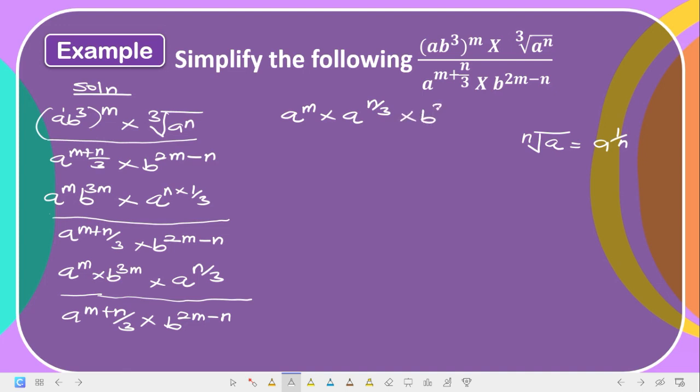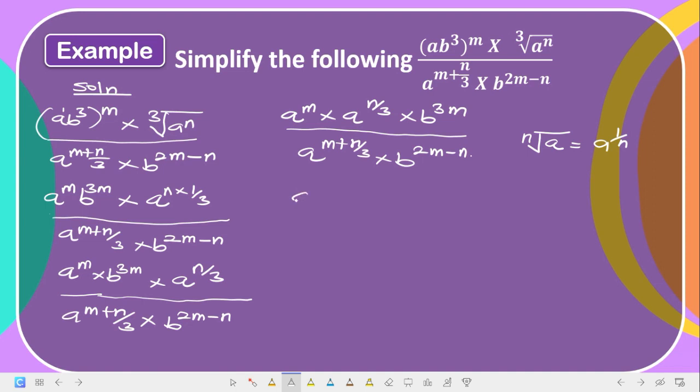Times b^(3m), everything all over a^(m+n)/3 times b^(2m-n). Now, if the bases are equal, what do you do to the power? You add them if multiplication is in between them.